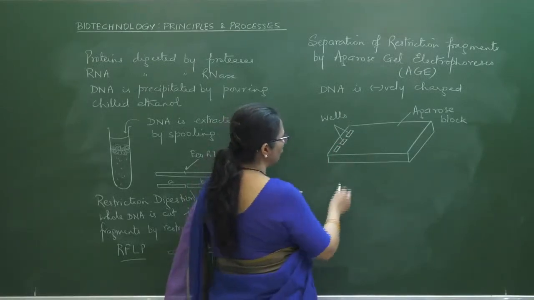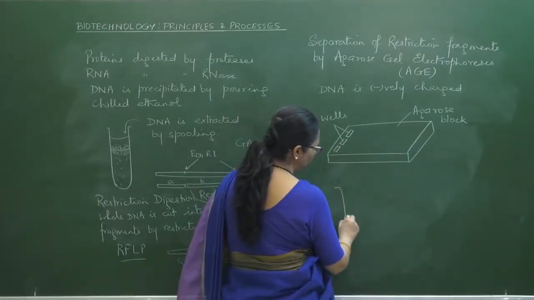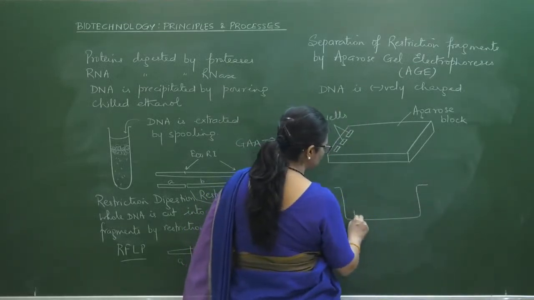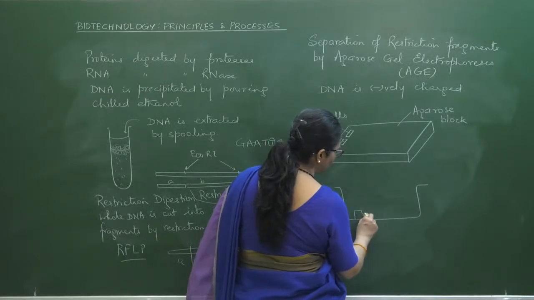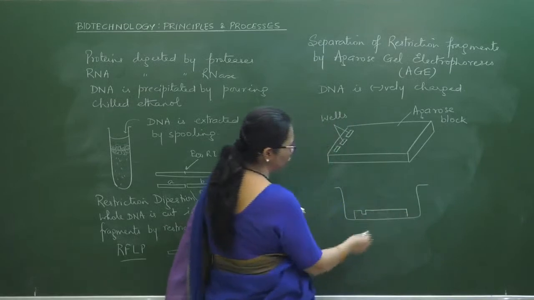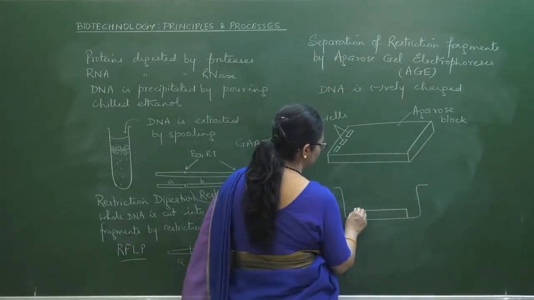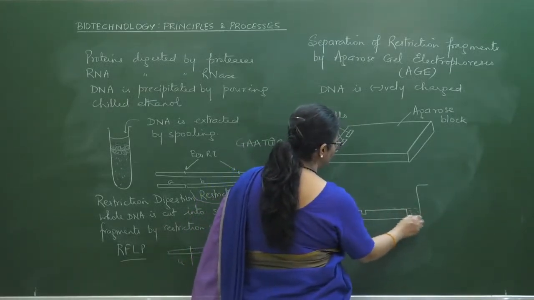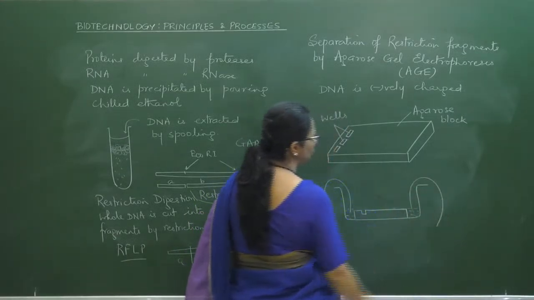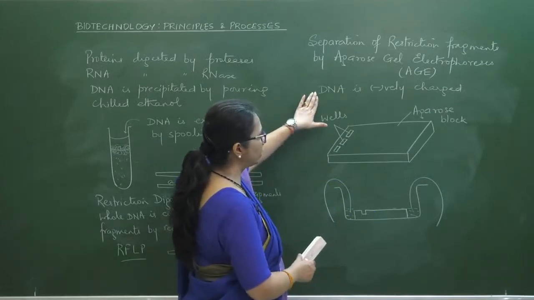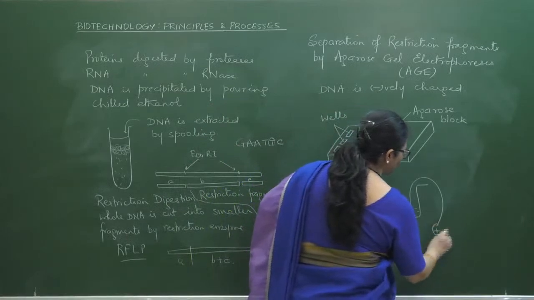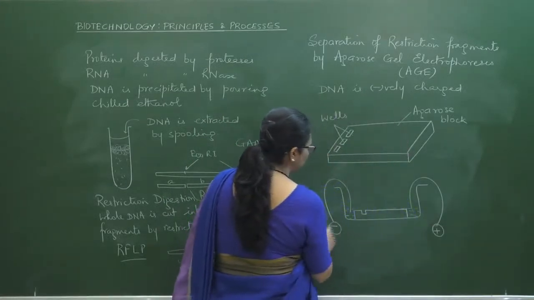So the electrophoresis unit is very simple. I'll just draw a very simple one. Here I am giving a side figure, so this is the gel block, and this is the buffer solution, and from here we are attaching the electrodes. Since DNA is negatively charged, it is going to move towards the positive electrode, so we have to place the positive electrode here and the negative electrode here.